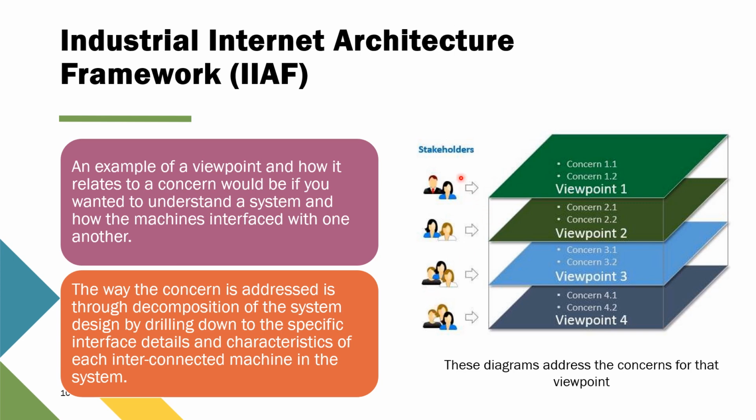Okay, so each of the stakeholders will have their own viewpoints and their own concerns. Based on these viewpoints, they will list down all their concerns. Okay, so this is how the industrial internet architecture framework will look into it, so that there will be no concern left out from each layer of the stakeholders.